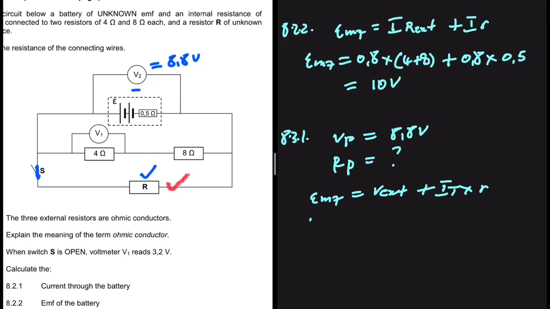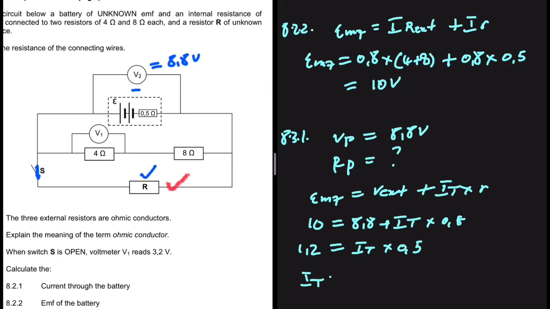So EMF is 10, V external is 8.8, and then plus IT multiplied by 0.5. 1.2, that is 10 minus 8.8, is equal to IT multiplied by 0.5. If we divide by 0.5 on both sides, we should get a current of 2.4 ampere.